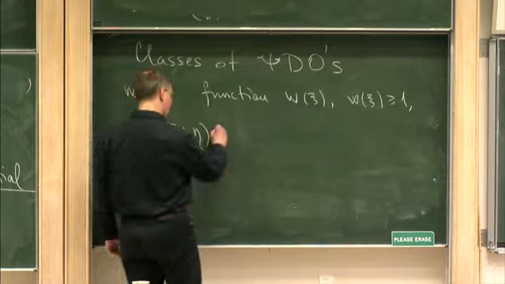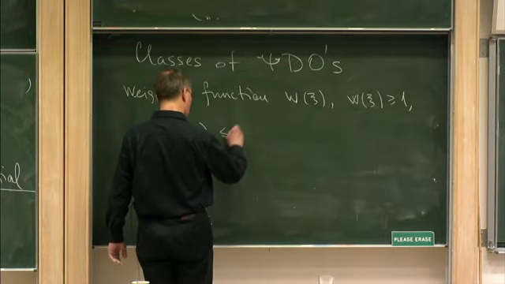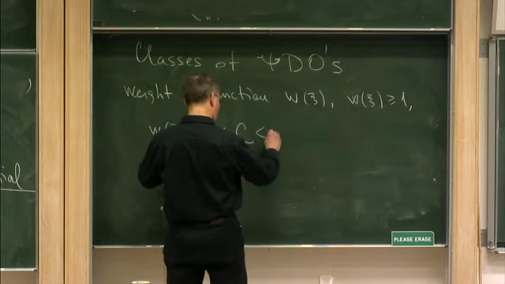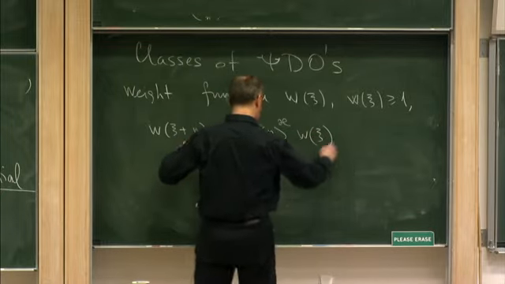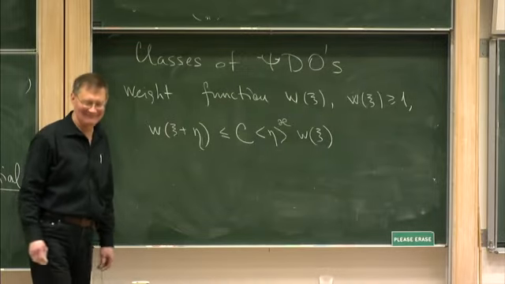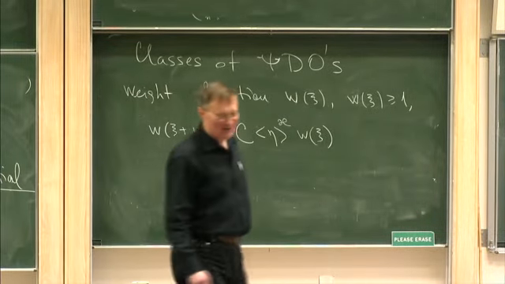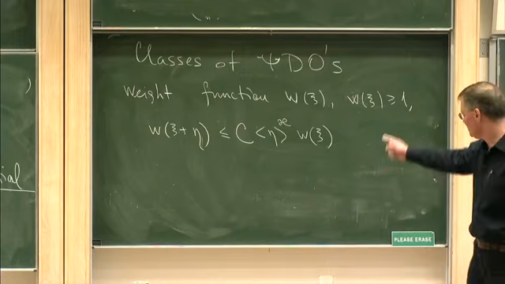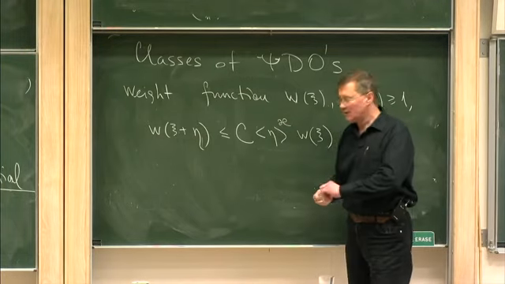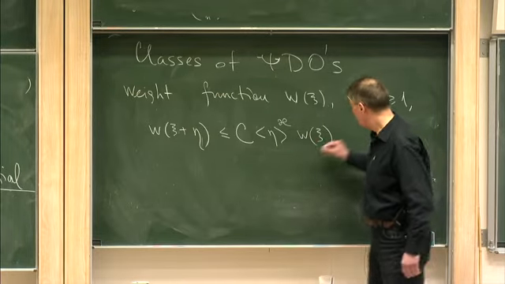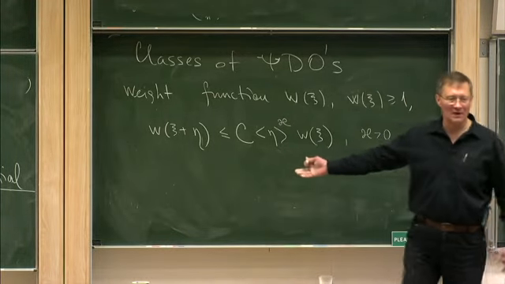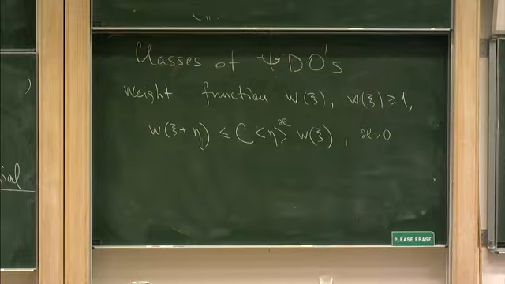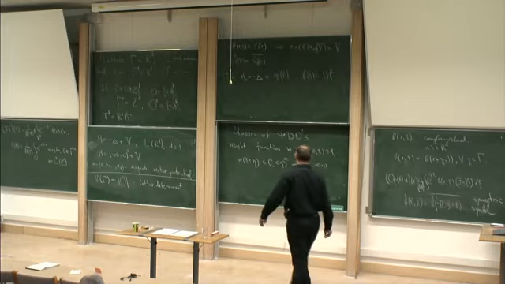So there is a, I will write this and then I will explain. Right, so if you move xi by vector eta, then you have this bound with the universal constant and some positive number kappa here. So you, for example, you can say that these weights cannot grow faster than polynomially, for example.